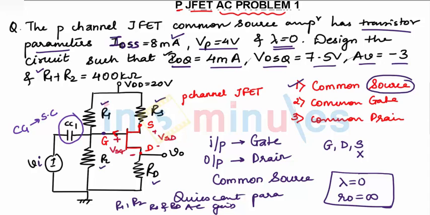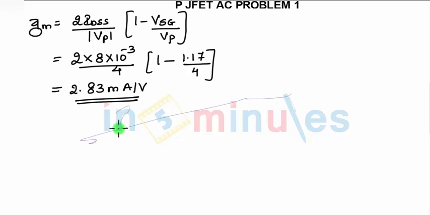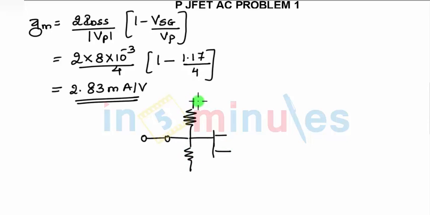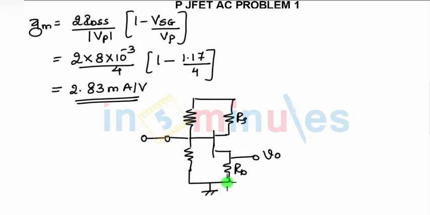So how the circuit will look like in that case is, you can say the capacitor is shorted, then R1, R2, you have RS, you have RD, and it is connected to output voltage. This is connected to ground, the other terminal will be connected to ground, and here you have plus minus VI.